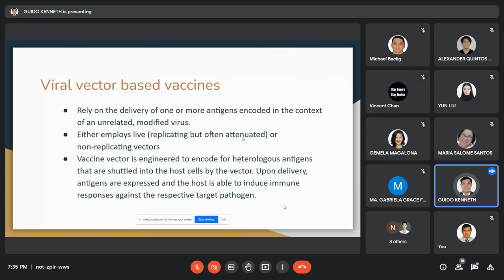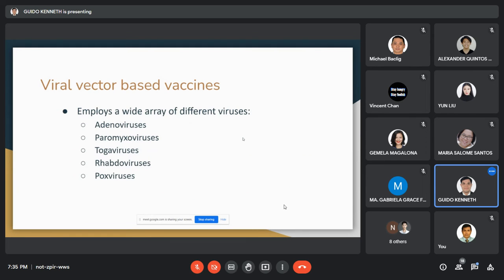Upon delivery, antigens are expressed and the host is able to induce immune responses against the respective target pathogen. Viral vector-based vaccines employ a wide array of different viruses such as adenoviruses, paramyxoviruses, togaviruses, rhabdoviruses, and poxviruses.